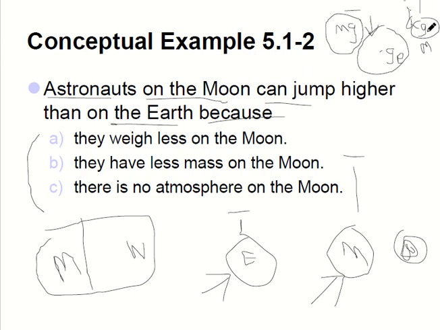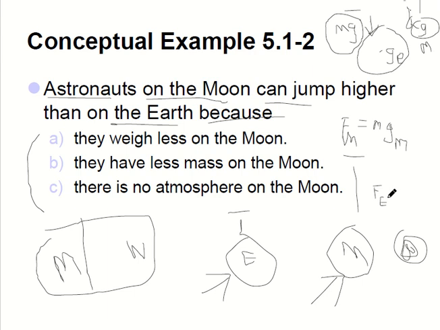So it's going to pull you down with a smaller force. Therefore you weigh less on the moon, meaning the force is equal to the mass, which is the astronaut's mass, times the acceleration due to the moon. So this weight is less. The weight on the moon is smaller than the weight on the Earth.